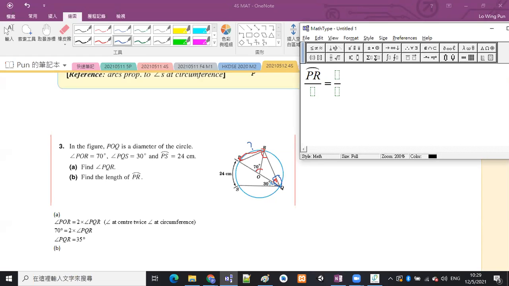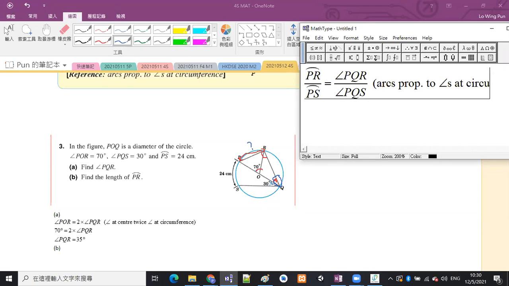And then the left-hand side is the arc ratio: arc PR divided by arc PS is equal to the angle ratio. Arc PR is corresponding to angle PQR, and then arc PS is corresponding to angle PQS. And when we state this result, we need to write down the reason. So this time the reason is arcs proportional to angles at circumference.